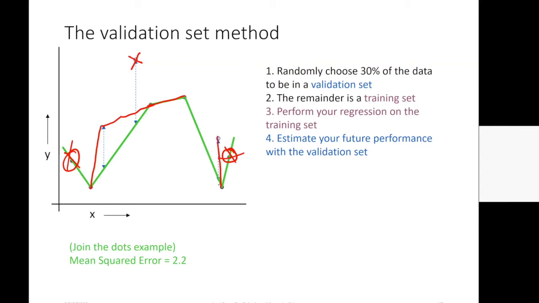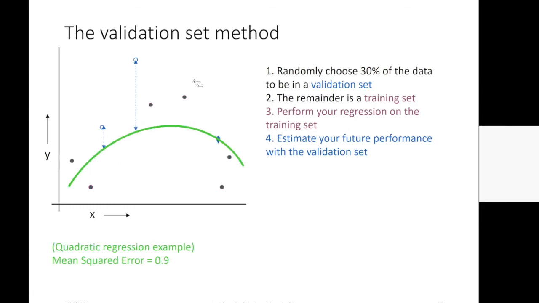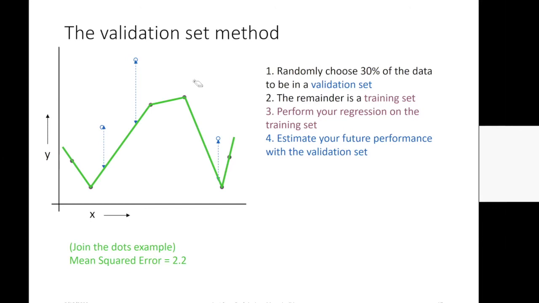So this is my revised model, and the error will be different now. What I want to show you is that it depends on which 30% of the points you picked.